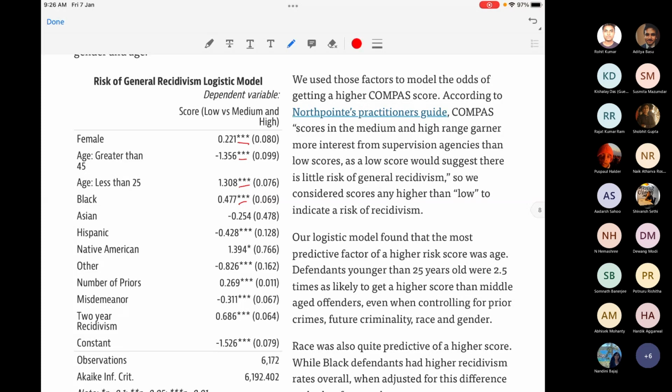Which one is the most predictive factor, highly predictive as well as highly significant?